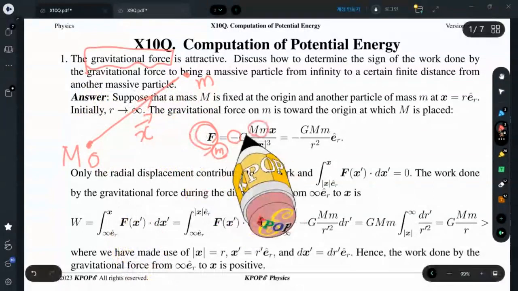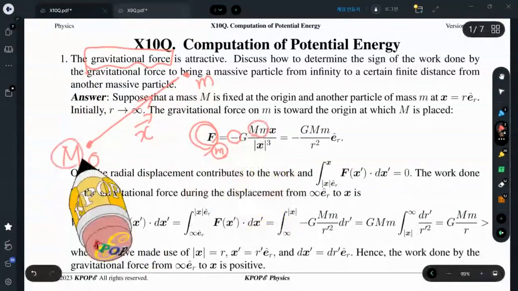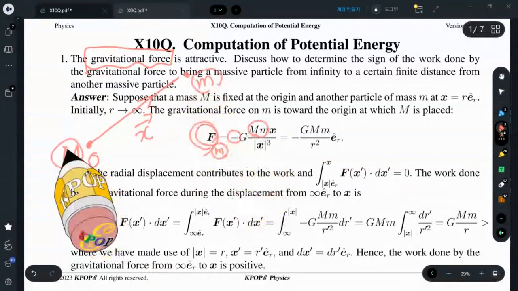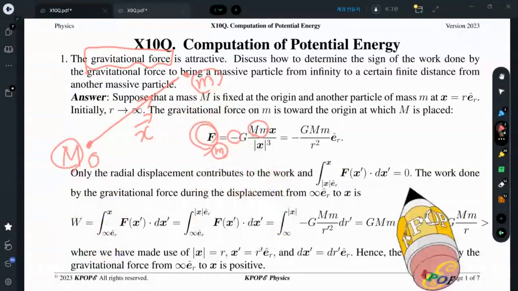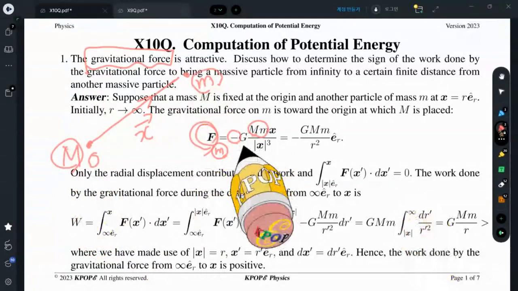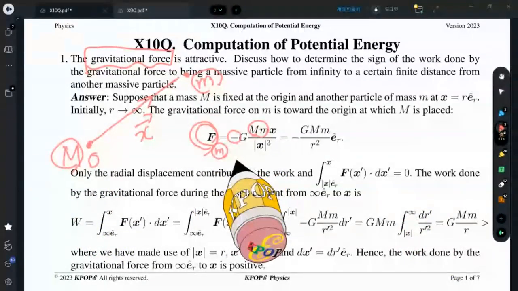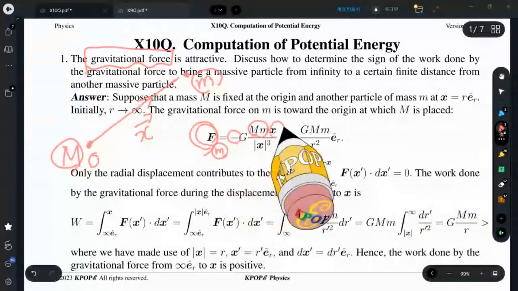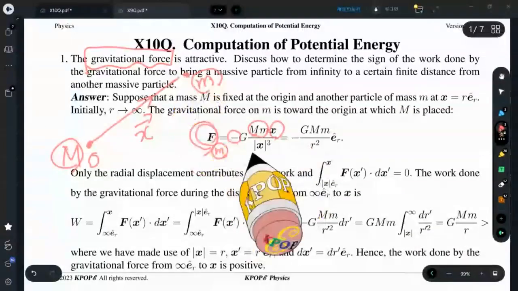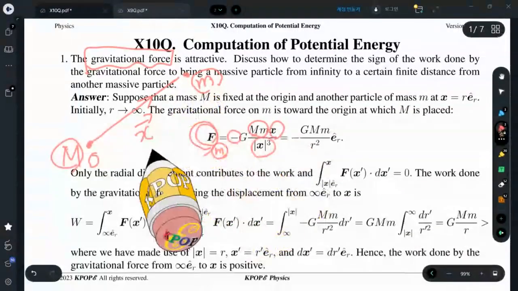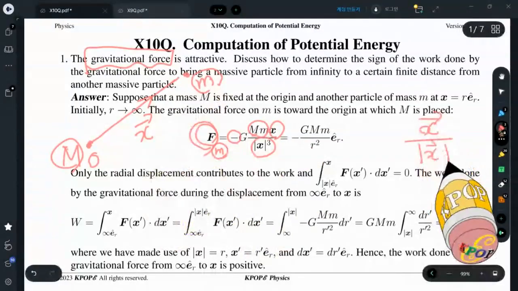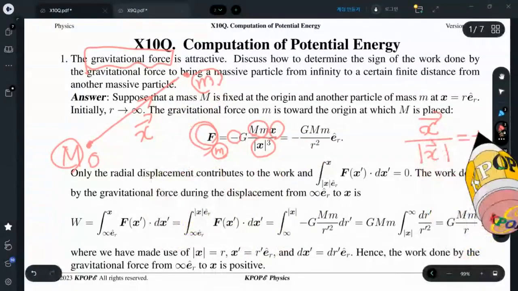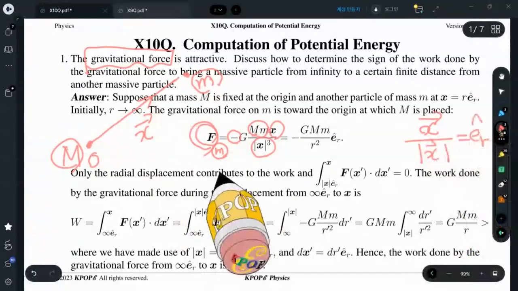The strength is proportional to the product and a universal constant called the gravitational constant. And then this is the x vector divided by the cube of the magnitude. We recall that the x vector divided by its magnitude is the unit radial vector.